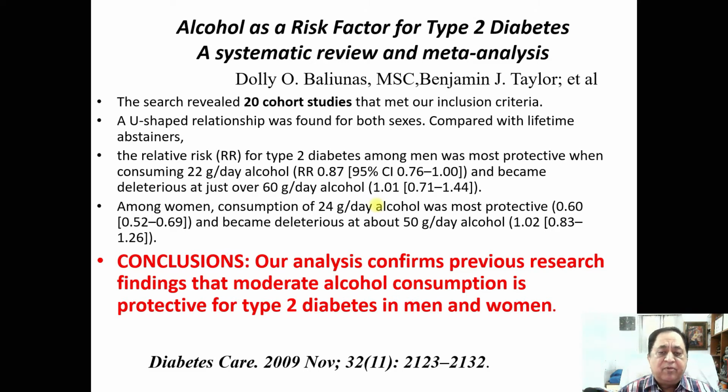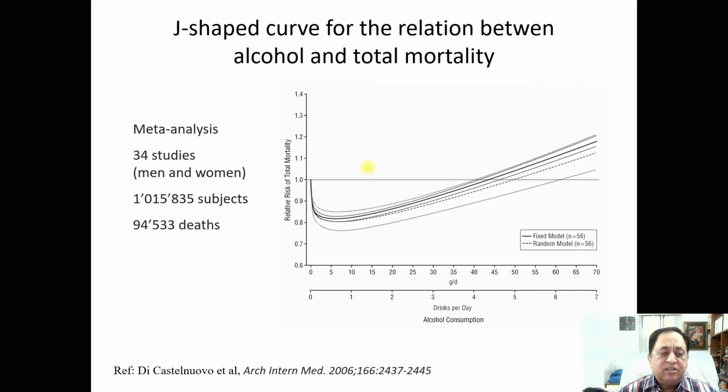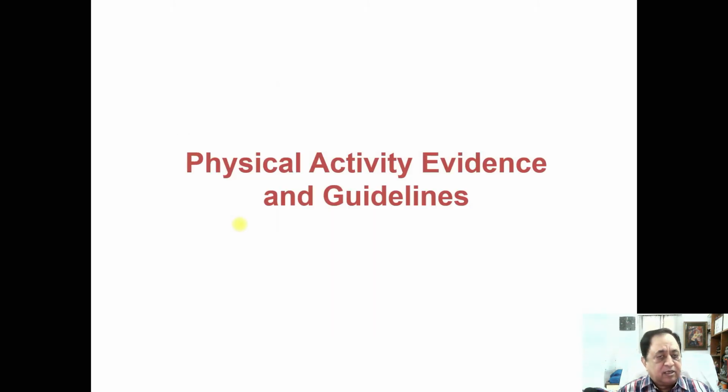And many papers which have been published have shown a J type of association with this type of consumption of alcohol. That is, 1 to 2 drinks per day are actually beneficial to patients or to people, but more than 2 drinks, then the damage starts. Let us not forget that alcohol adds calories, 7 calories per gram. Let us also not forget that alcohol is a carcinogenic element.